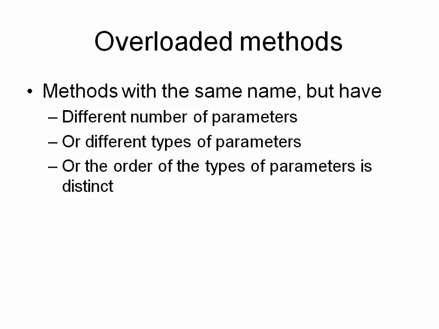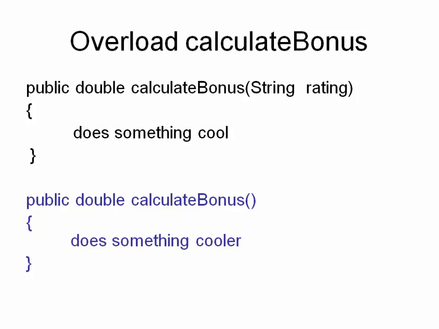We talked last week about overloaded methods. They're methods with the same name, but they have to have a different number of parameters, or they have to have different types of parameters, or the order of the parameters has to be different. So here's an example of calculateBonus. Both of these method definitions could be in our HospitalEmployee class because they are overloaded: they have the same name, but they have a different number of parameters.